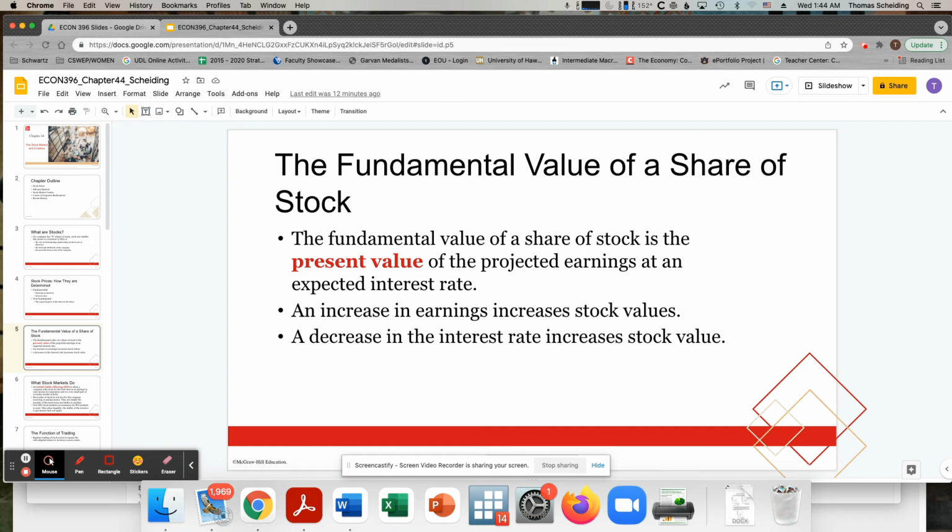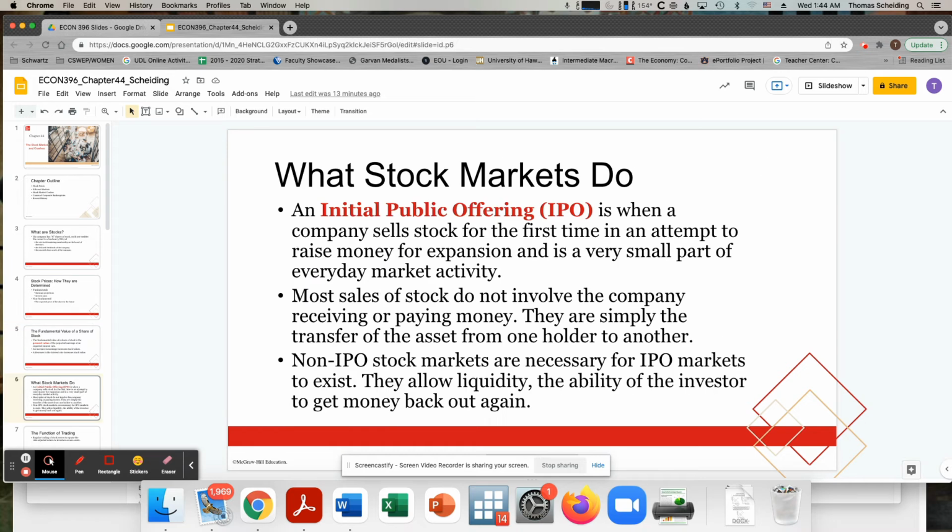If, on the other hand, we think that the earnings are not going to increase that dramatically, then the stock value is going to be hurt. And then interest rates affect things, especially if the company has a lot of debt on its balance sheet. If interest rates fall, it becomes easier to manage that debt, which would also tend to increase the stock value.